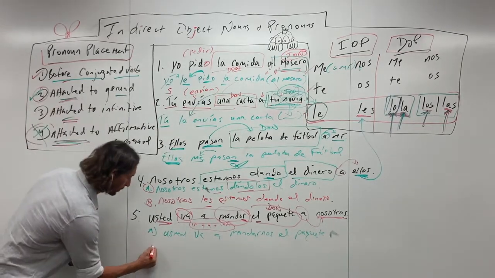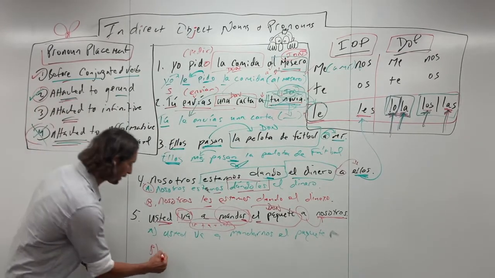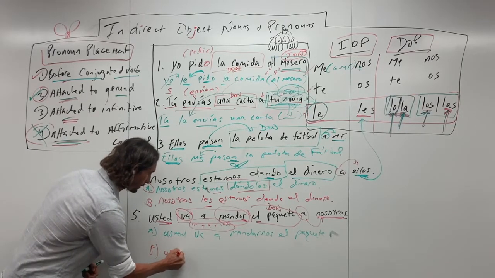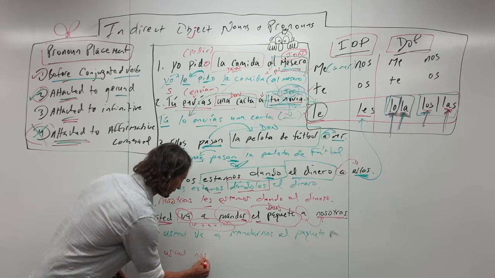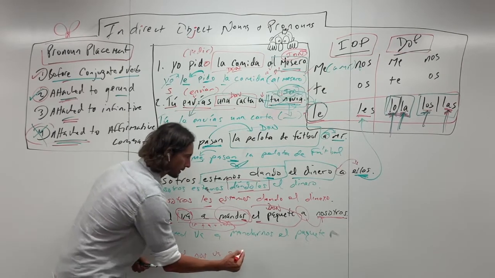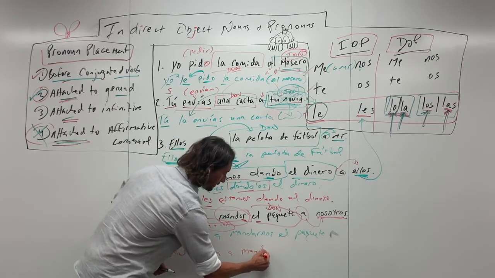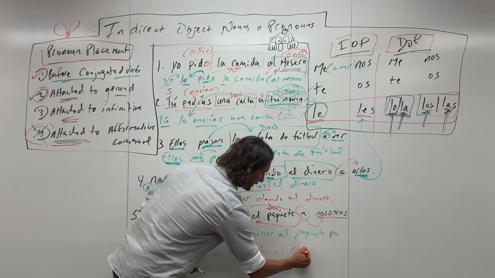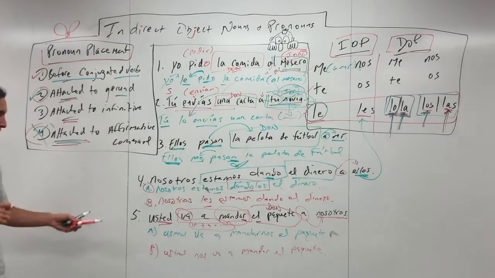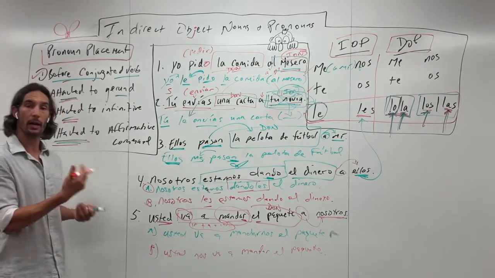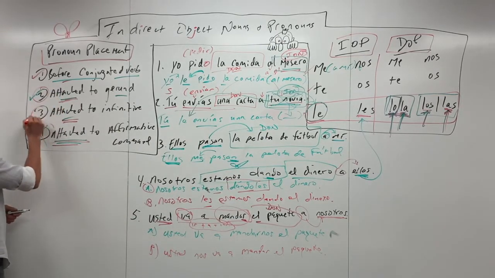All right, and then we'll go with letter B here, usted nos va a mandar el paquete. So there you have it. So we have, again, on the other two options, again, we have here the infinitive.